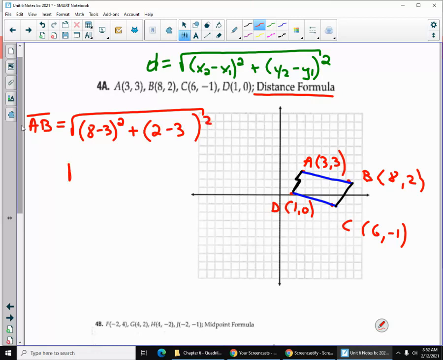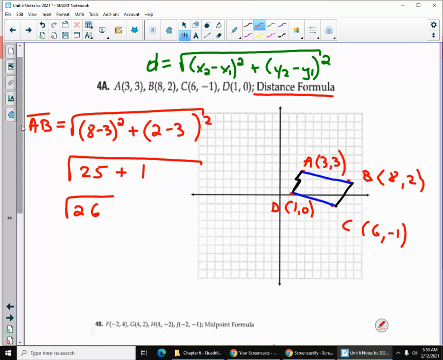If you simplify this, 8 minus 3 is 5, 5 squared is 25, plus 2 minus 3 is negative 1. Please remember, you are squaring negative 1, and negative 1 times negative 1 is 1. So this would be radical 26, which is technically a little bit above 5. So I will keep it exact, radical 26.